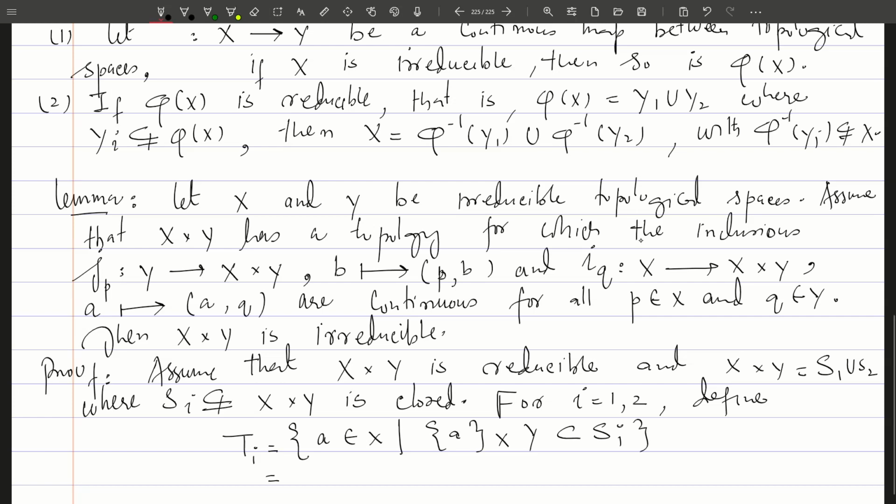So we can define this as the set of all the points A in X such that the point (A, Q) belongs to Si for all Q in Y.